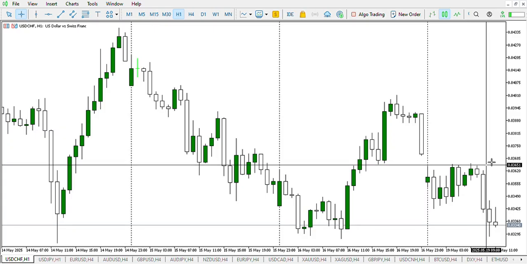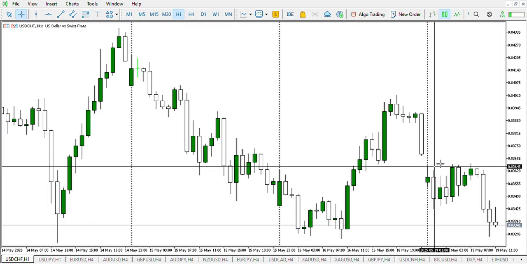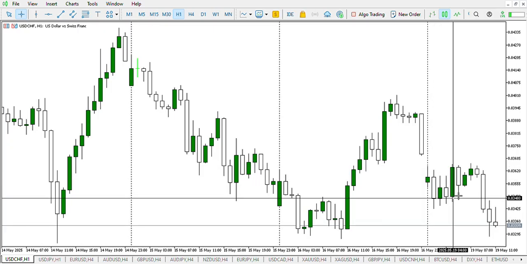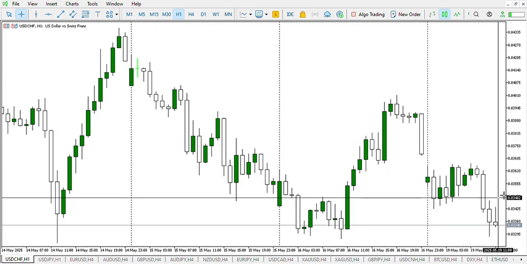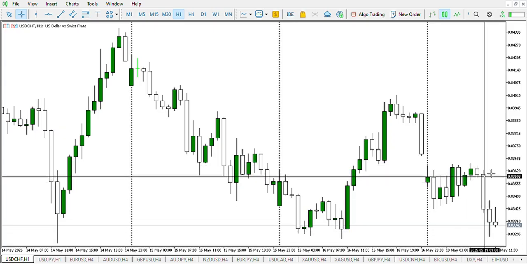So we can see on USD right here, once the day opened it created a resistance with a weak sell pattern. However, this pattern was invalidated and broken by the London session, and right here we are not seeing any clear pattern which confirms an entry.